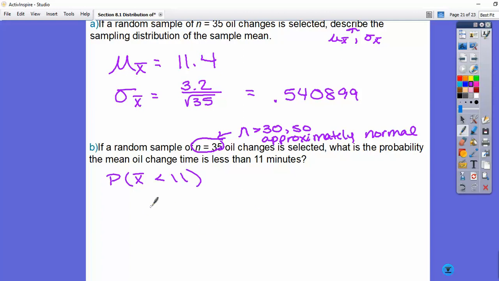Okay, so because my n is big enough, we can assume it's normal, so we can change it to a z. So you do your x bar minus the mean, 11.4, over the standard deviation.